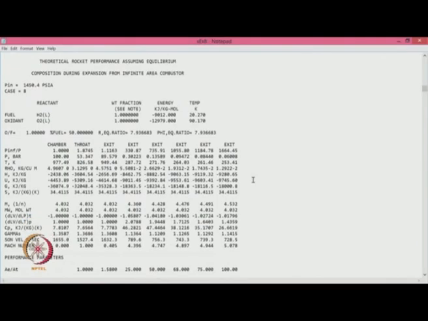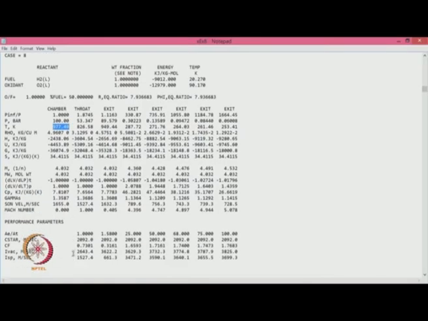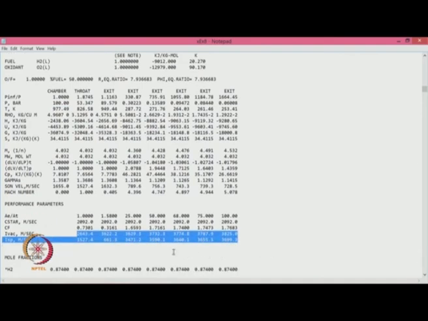Now, if you look at O by F of 1, the temperatures that you get are very low. Therefore, the ISPs that you get are also not very large, 3632 and 3700 at area ratio of 100, and vacuum specific impulse is 3825.